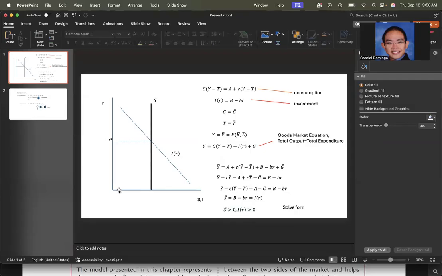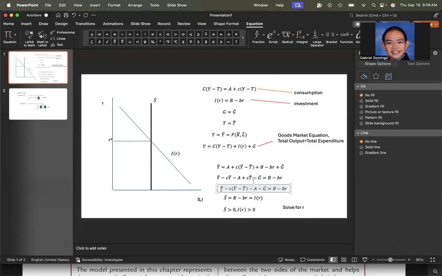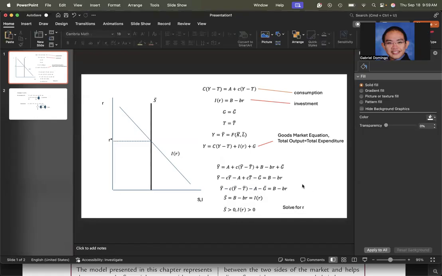Okay. So the values here are all positive. So you can choose any combination of numbers here for your savings such that Y bar minus C, Y bar minus T bar minus A minus G is a positive number. All right. So those are the limitations. But other than that, you can try it with real numbers and then you can solve for R.